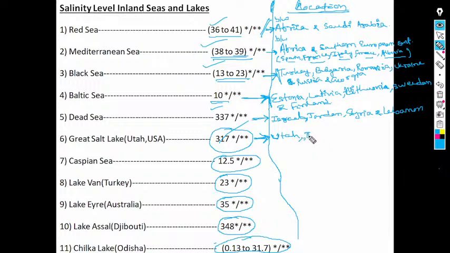Mainly it is in Utah state, not Idaho. Utah is a state in the west central part of the USA.